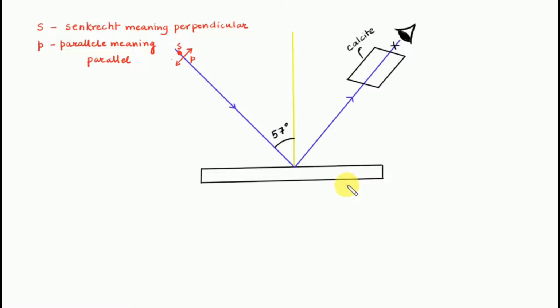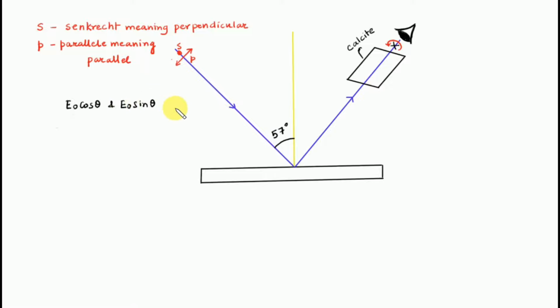He also observed that the intensity of the reflected light varied from a maximum to a minimum as the crystal is rotated. Malus explained that the amplitude of the incident light can be resolved into two components, E naught cos theta and E naught sin theta, along and perpendicular to the plane of transmission of the analyzer.